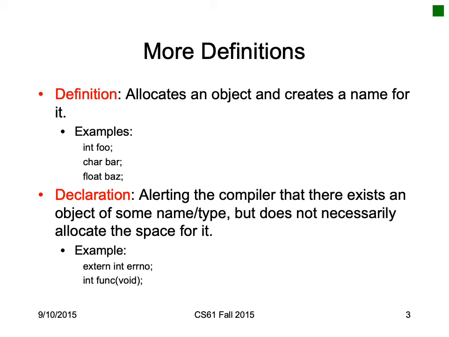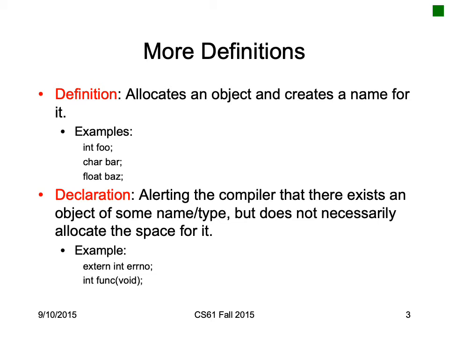So given that, a reasonable question to ask is, how many times can I define something and how many times can I declare it? Well, since the definition actually allocates space for it, you should only do that once. So for any particular variable, there should be a single definition, but you might have multiple declarations.